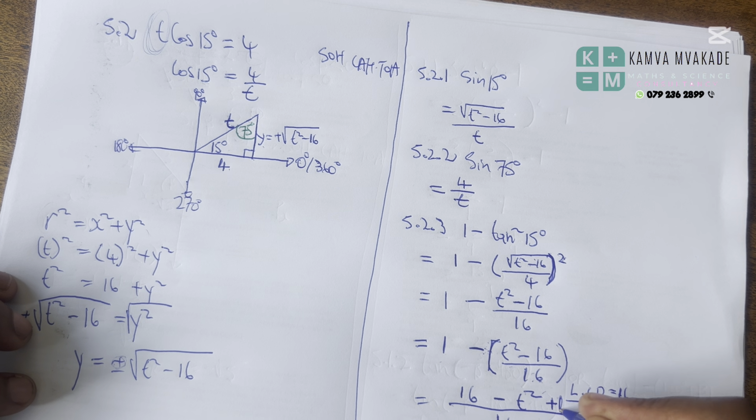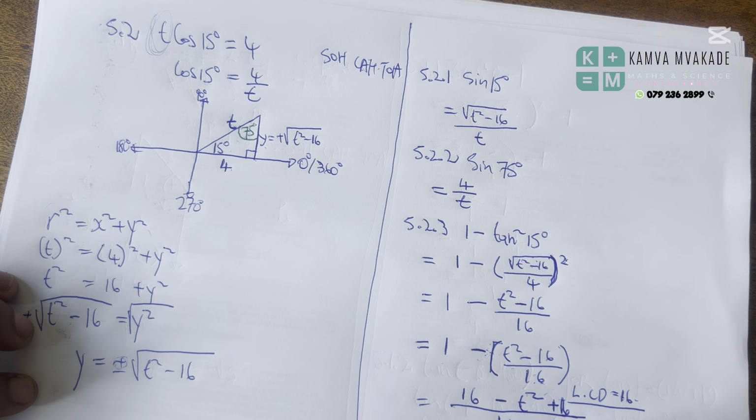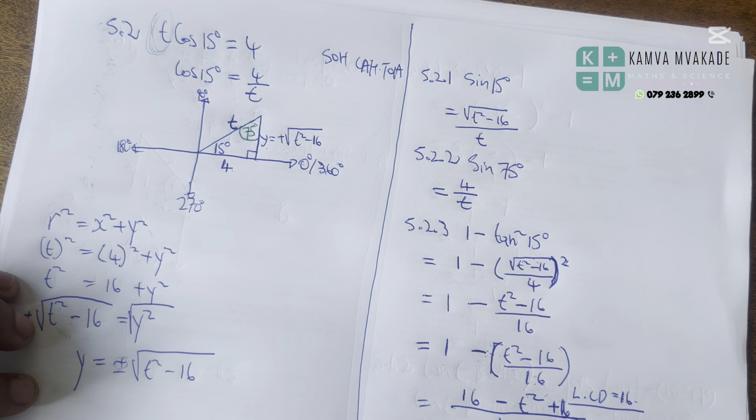Negative and negative will give us positive 16. So 16 plus 16 is 32 minus t squared, all over 16.